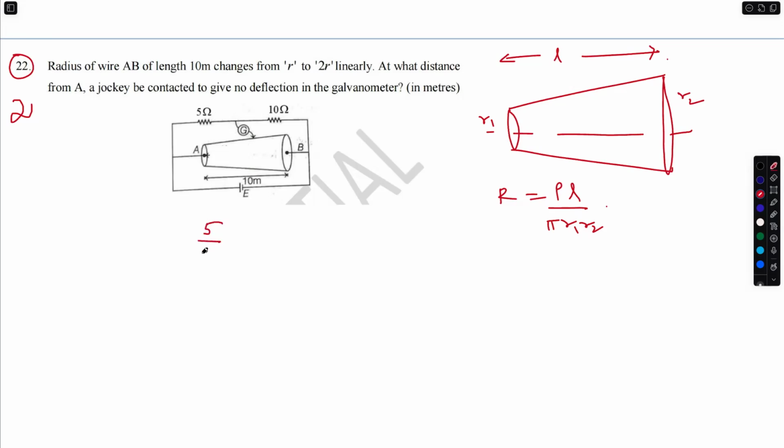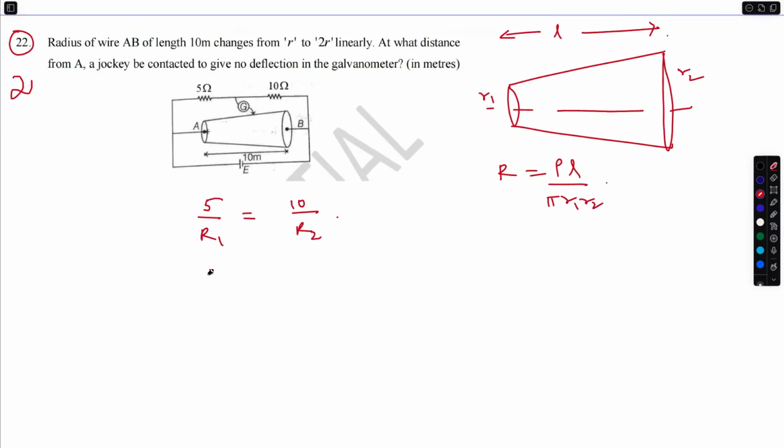So 5 by R1 must be 10 by R2. Total is 10, I know. R1 means rho into X is my answer. Pi R, left is R, right is 2R.